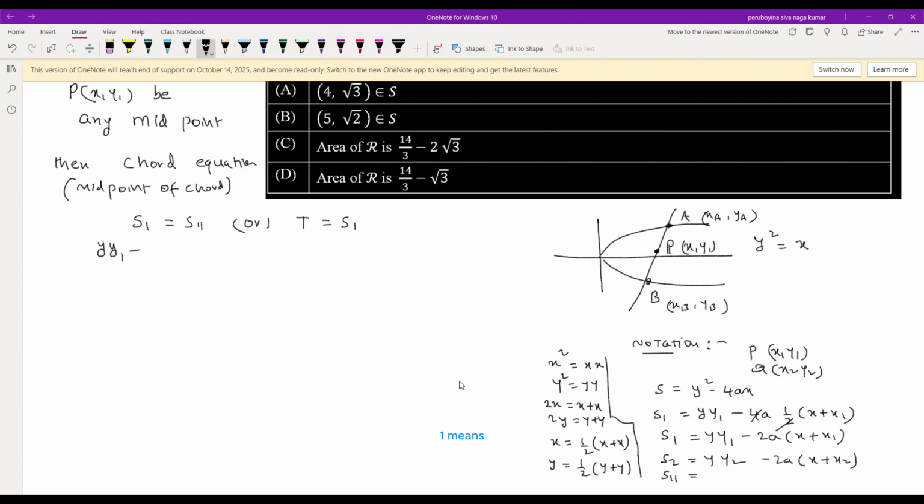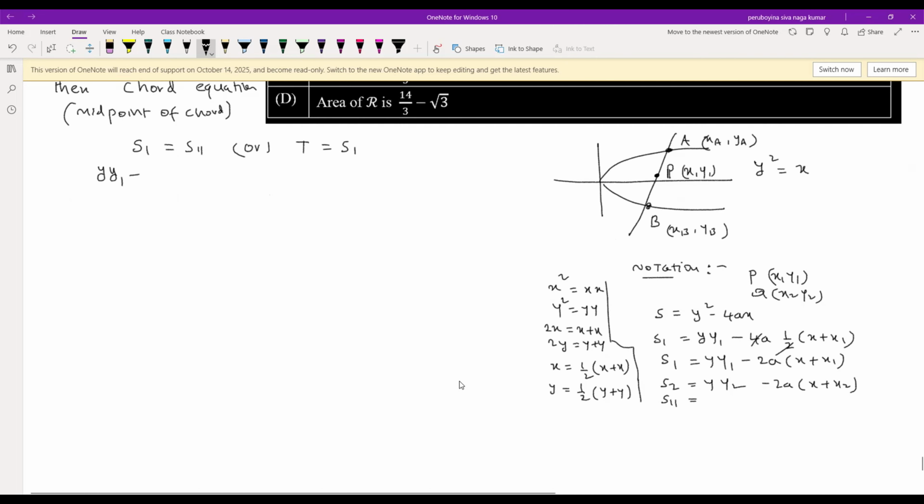And S11 means y into y, both replaced by y1, so y1 into y1 minus 2a of x1 plus x1. Of course, it will be y1 square minus 4a x1. Similarly, if you want S12, then y1 y2 minus 2a of x1 plus x2. So this is the notation part.